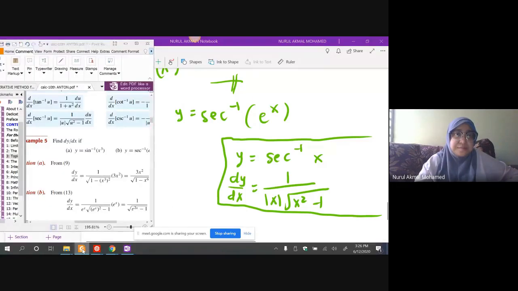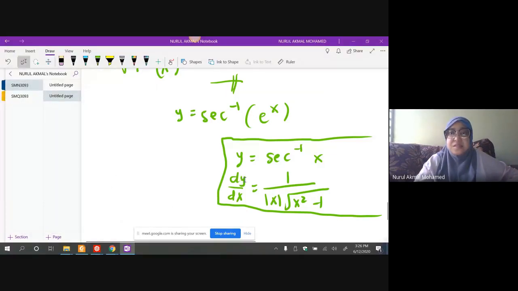So this is the derivative for y equal to arcsecant of x, and we want to use this formula here.